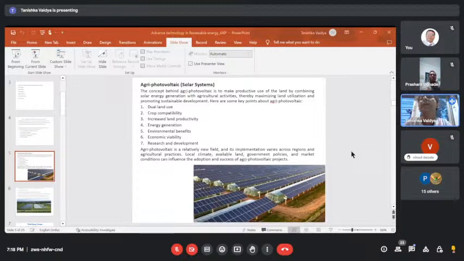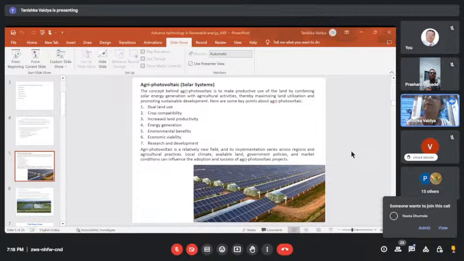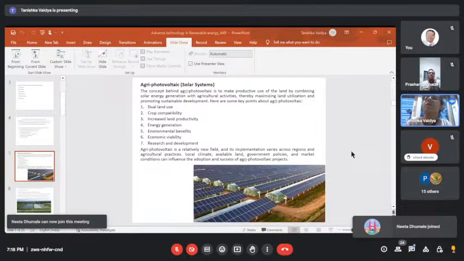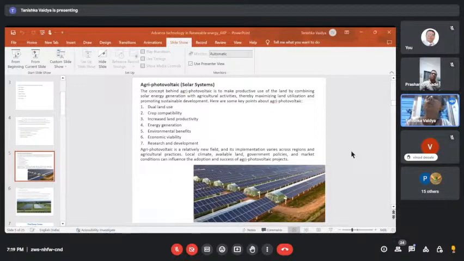In these farms the solar panels are mounted, and in between the two rows of solar panels the crop yields are taken in a controlled environment, so that we can get dual income from the land, because land is a resource which cannot be generated or increased. So day by day we have to use it in a more optimum way.